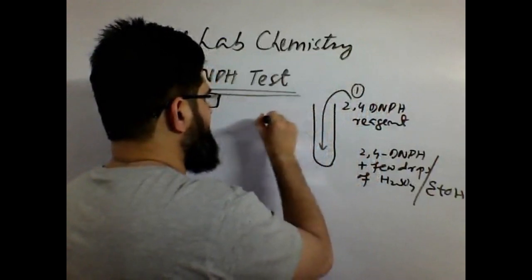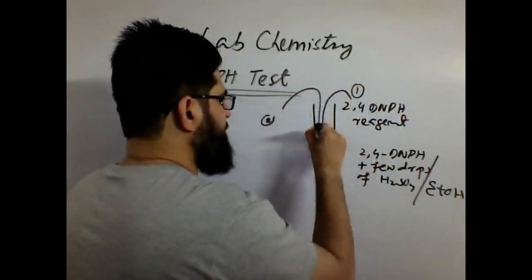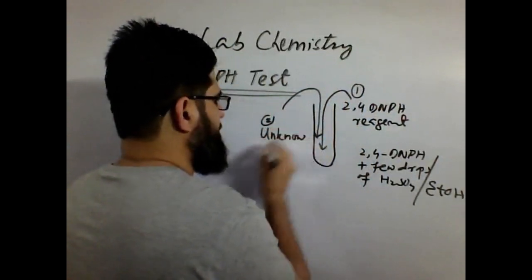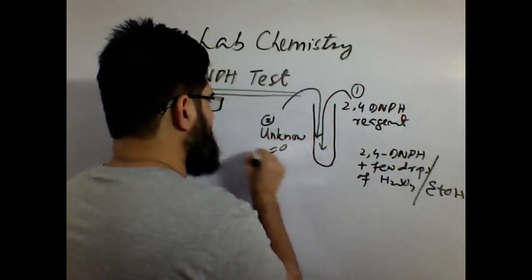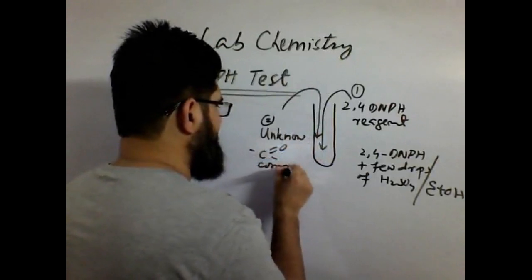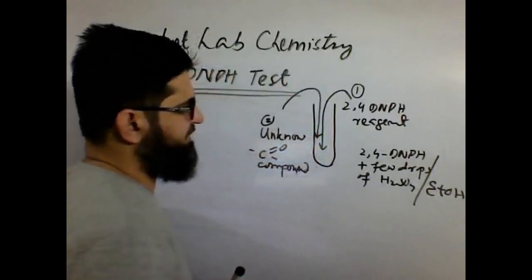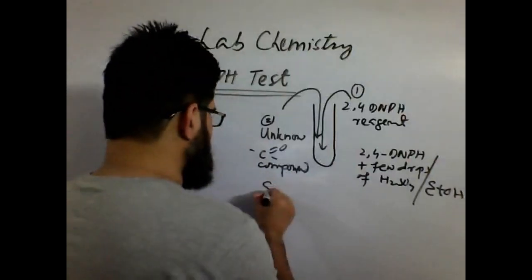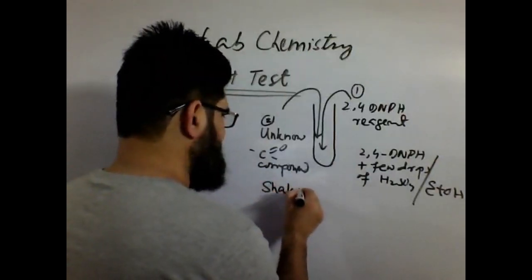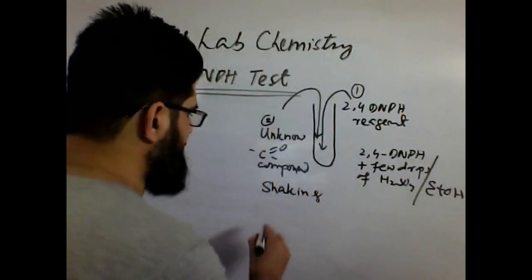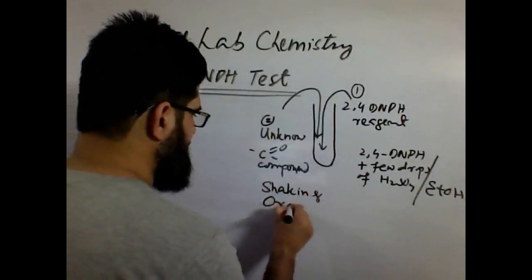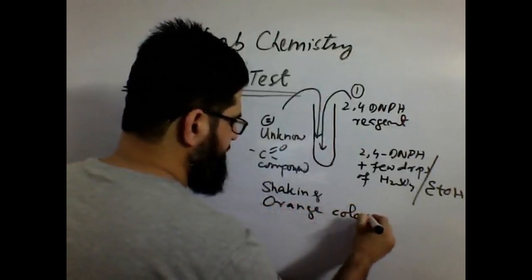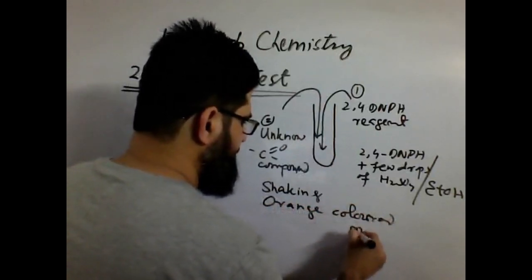Then, as number two, you put in the unknown carbonyl compound, meaning aldehyde or ketone. After shaking, you are supposed to get orange colored precipitates.